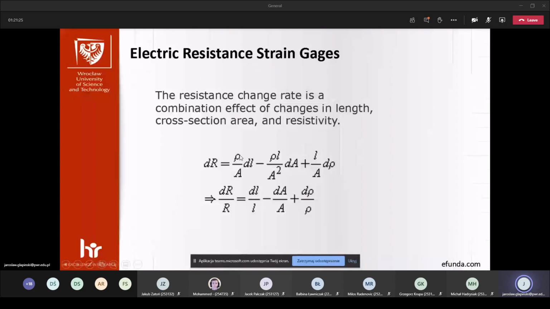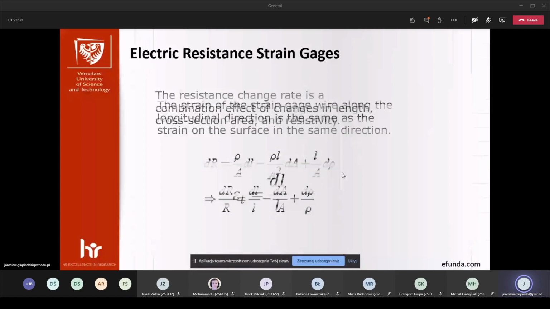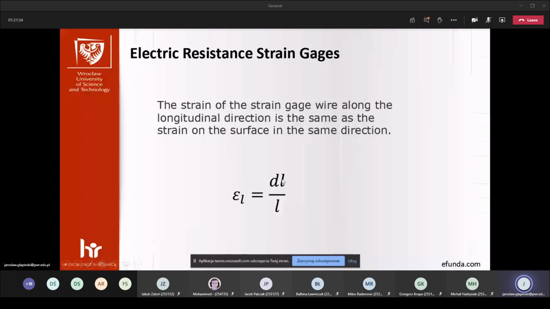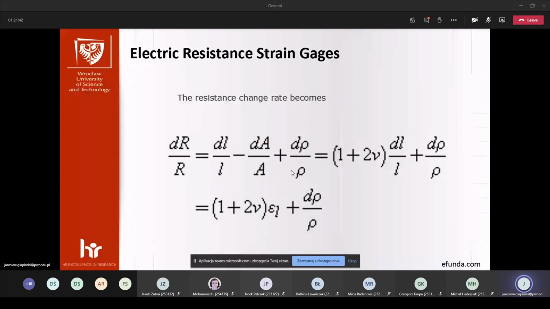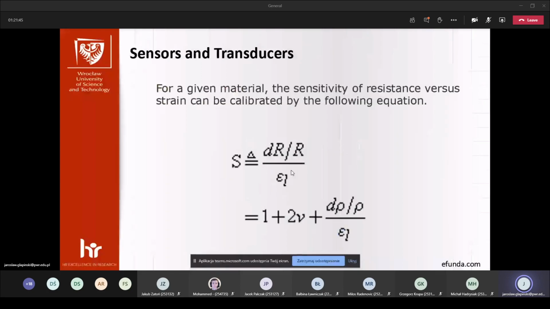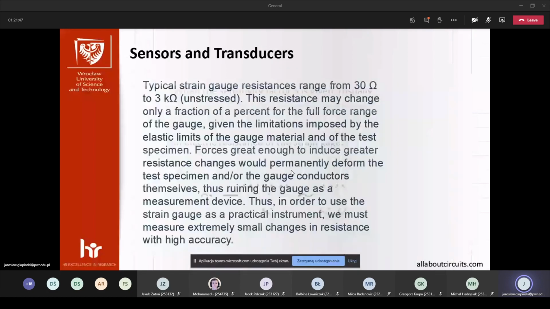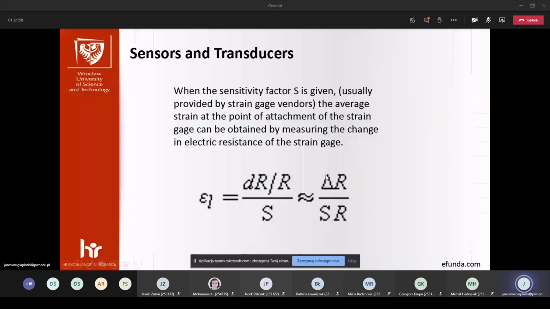So if we connect it all together, we will have the equations showing that the resistance is changed due to the change of length. Generally we've got the difference of resistivity, the resistance difference, and the coefficient of the sensor system. Okay, so it should be linear, as a matter of fact.